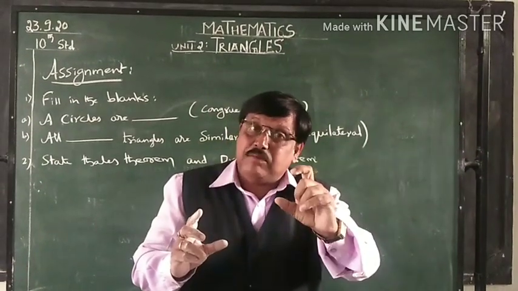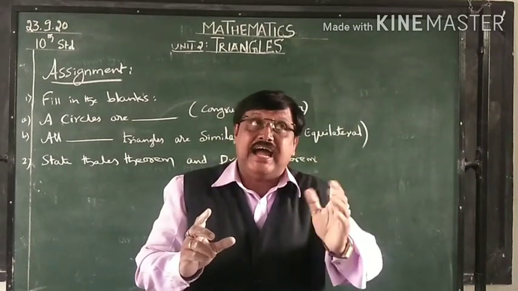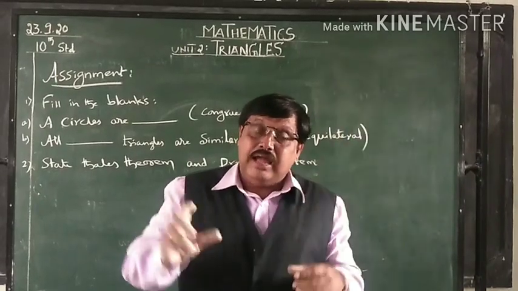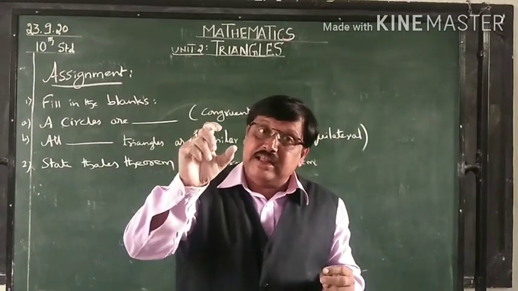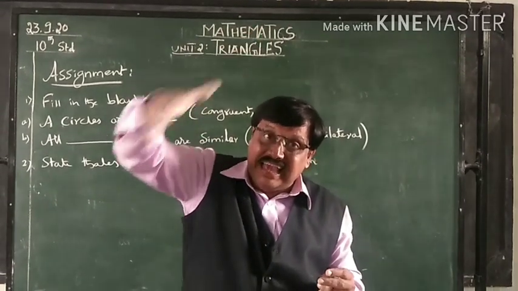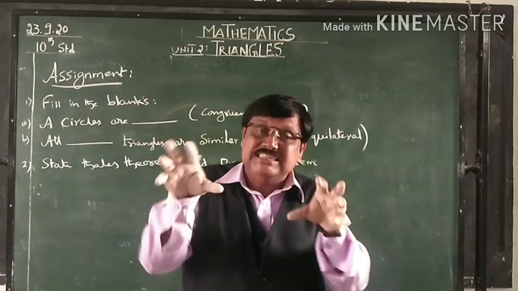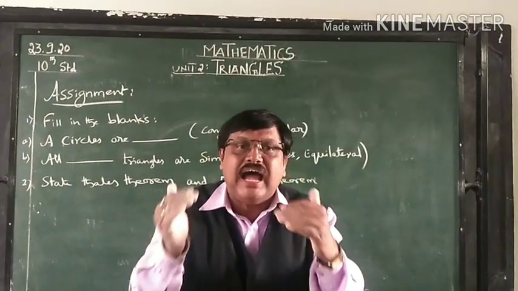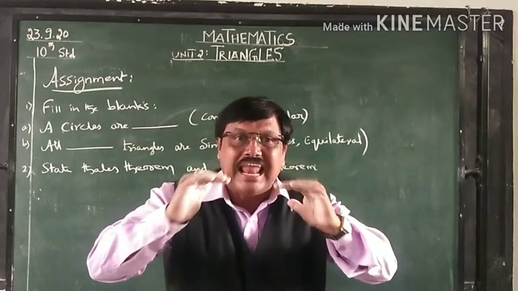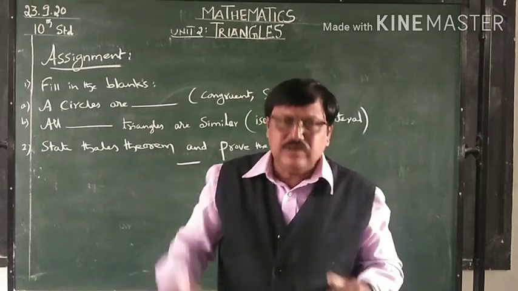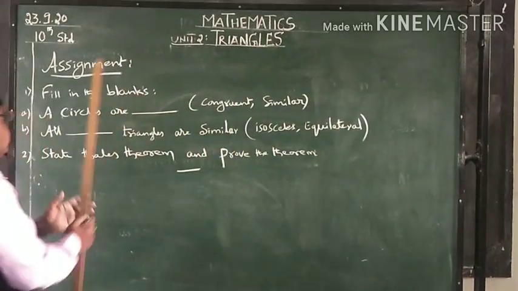For triangle BDE, the height is the same as on ADE, and for triangle CDE, the height is on AE. Because BDE and CDE are obtuse angle triangles, the altitudes lie outside the triangle. Then you see your assignment given.